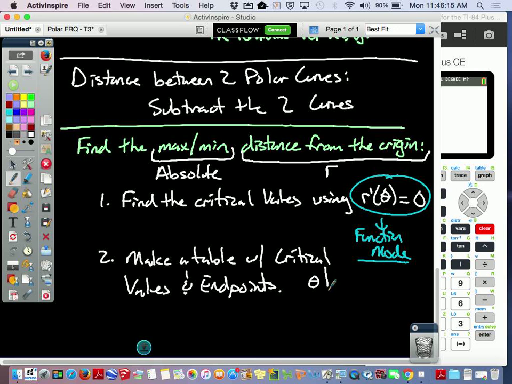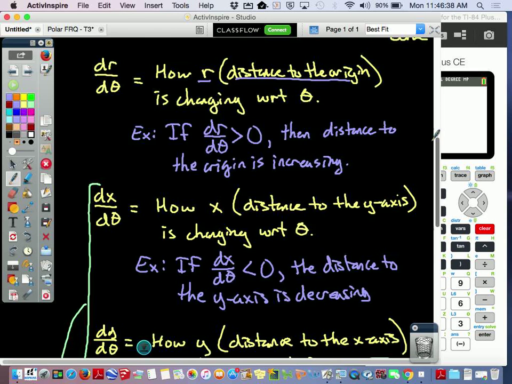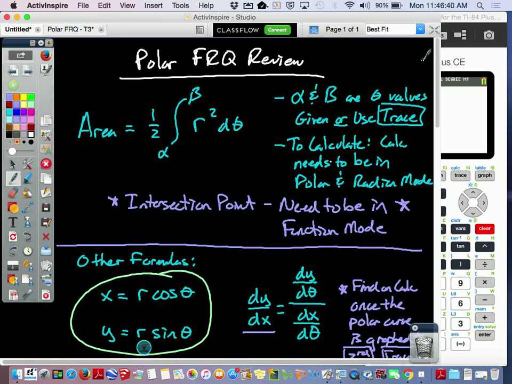It will have theta values, and then it will have r of theta. You fill in your theta values, and the biggest or smallest r of theta value will be your maximum or minimum. So if you can handle all these or portions of these, you're going to make sure that you get a good chunk of points on these problems. All right, so now let's practice some problems.